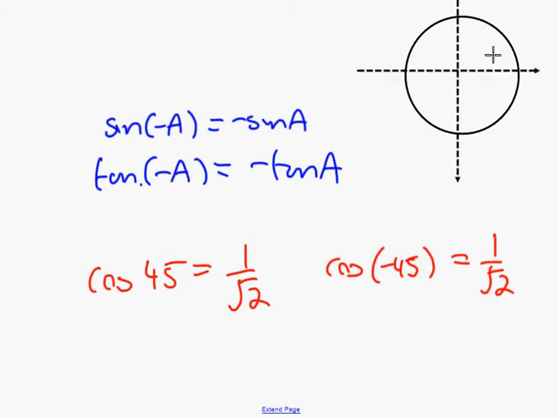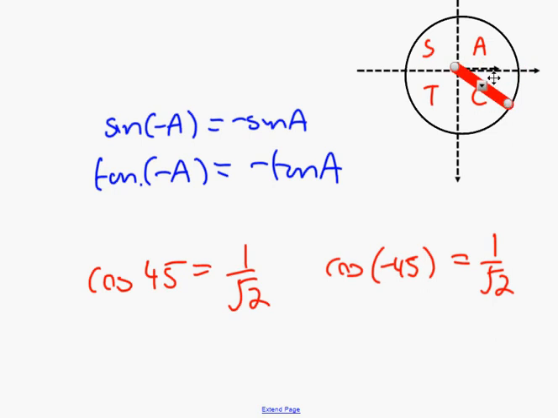Okay, ASTC, All Students Take Calculus, also known as everything's positive, sine is positive, tan is positive, and cos is positive. When you do a positive angle, when you go plus 45, you go up in this direction. Now, when you go minus 45, you end up in the cos region.